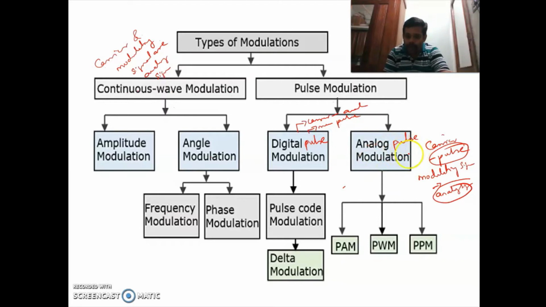But in analog pulse modulation, the carrier is a pulse and the modulating signal is an analog signal.